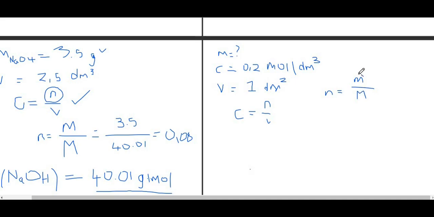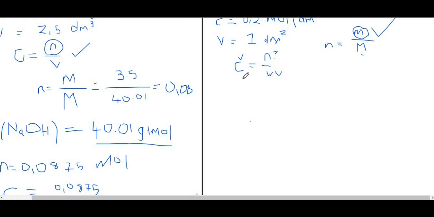We can determine the molar mass using our periodic table. So how do we find the number of moles? You can use the concentration equation because I have the concentration and the volume. I just need to find the number of moles, and once I'm done, I'll put it there and I'll be able to find the mass. So it's just a matter of rewriting this equation.